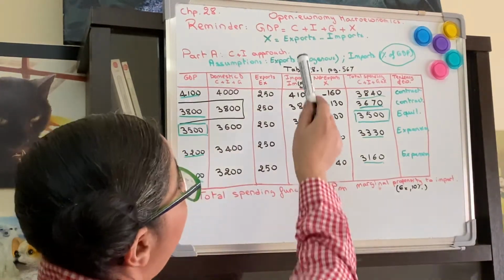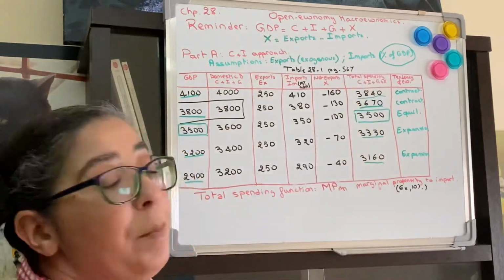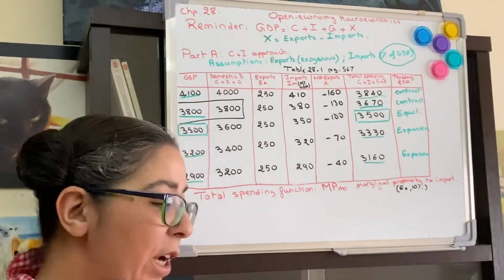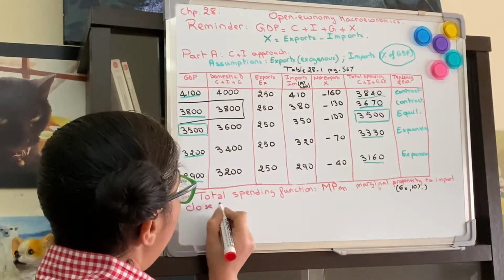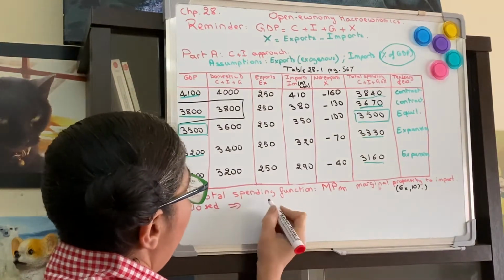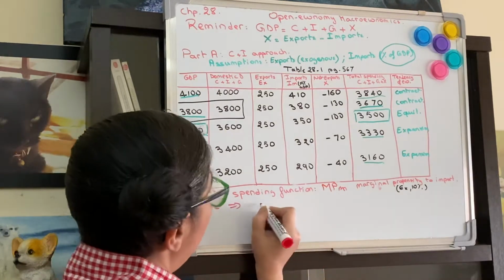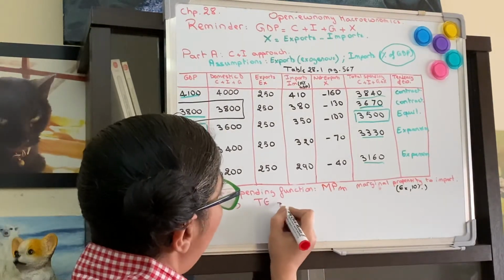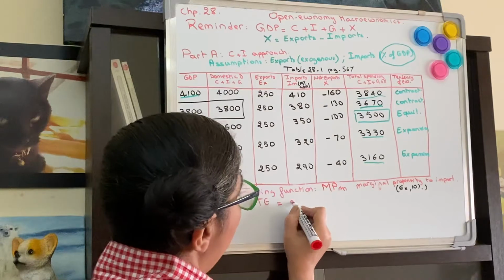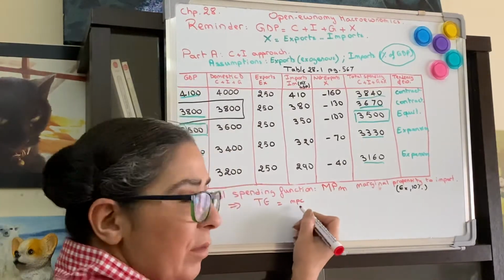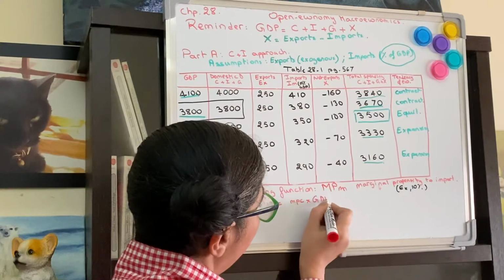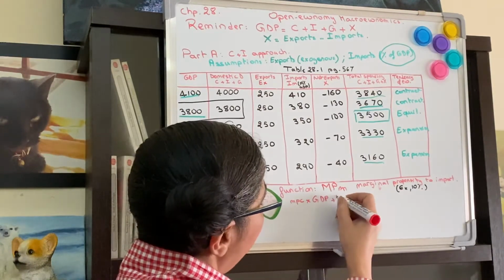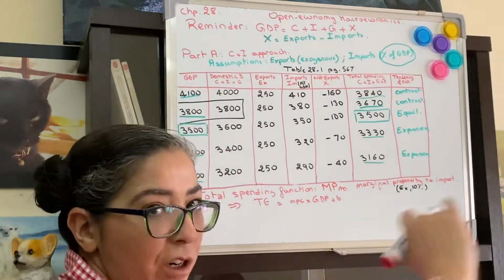we have a new function for total spending. Do you remember in a closed economy? Closed economy. My total expenditure function was equal to MPC times GDP plus a constant B. We're talking straight lines here, okay?